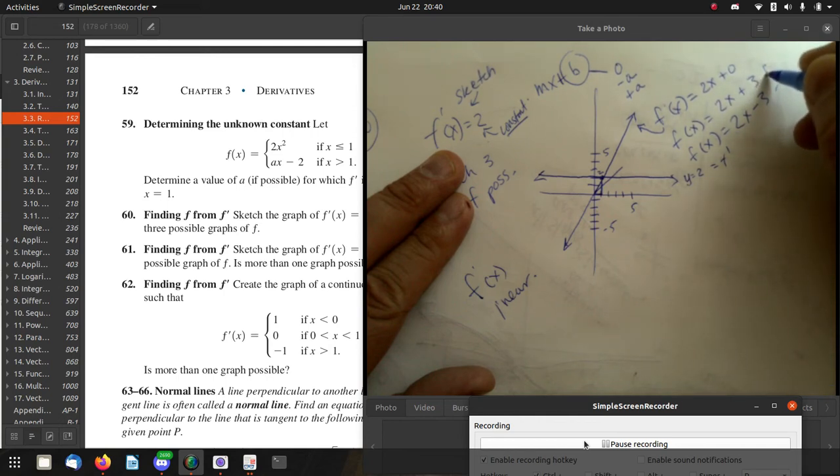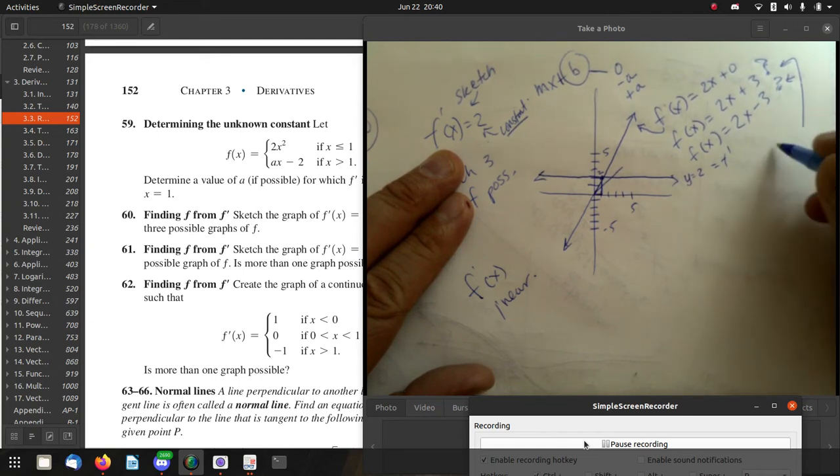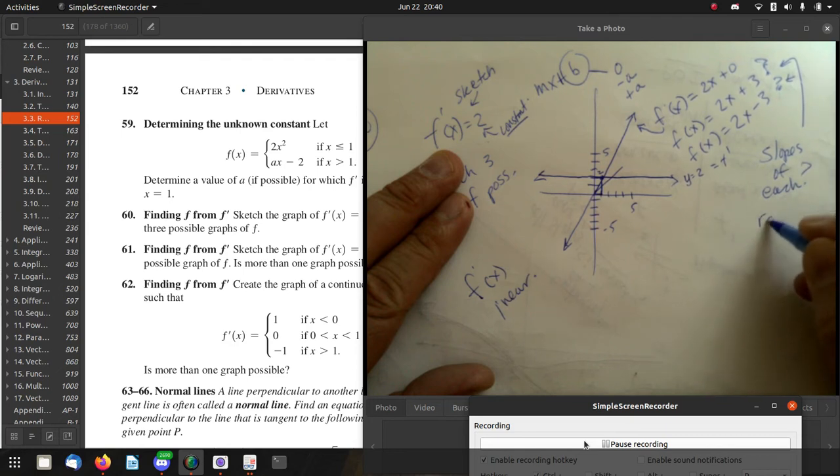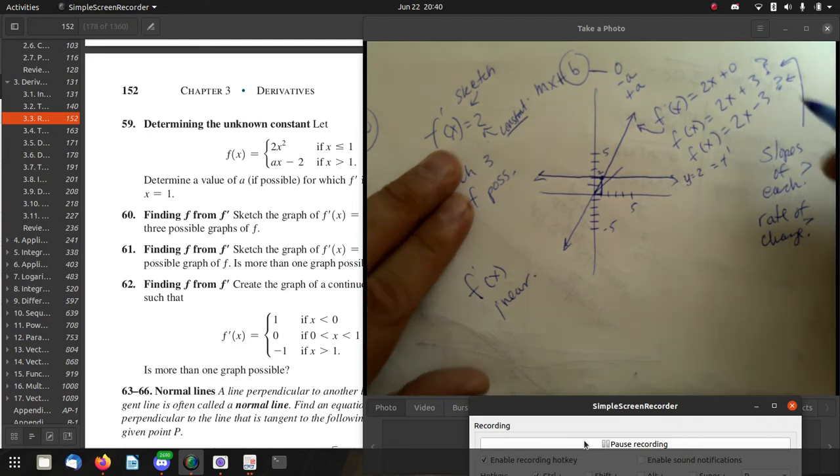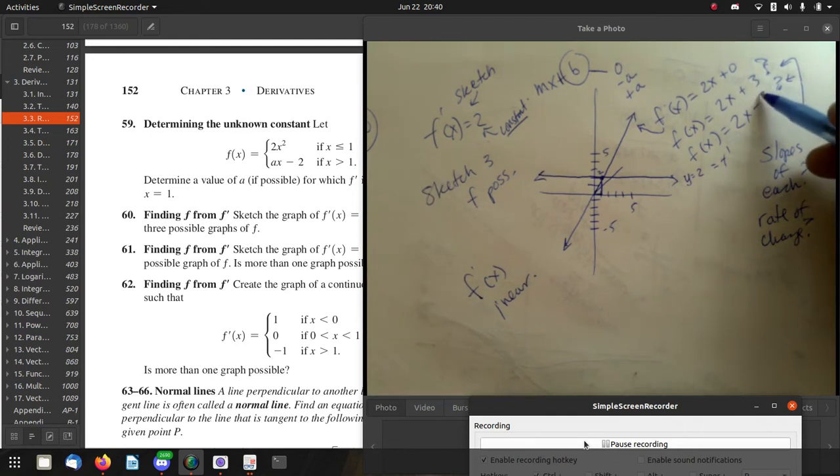Do these work, and why do they work? So ask yourselves, regarding these two functions, what are the slopes of each? Or I could say it a different way, what's the rate of change of each of these functions? And does the 3 or the negative 3 have an impact on it?